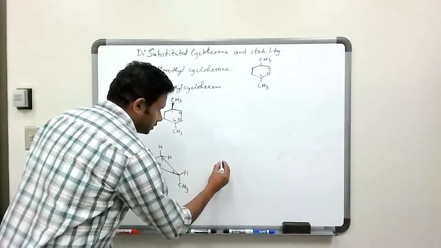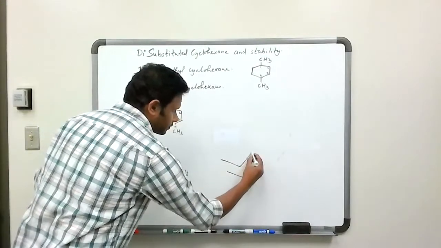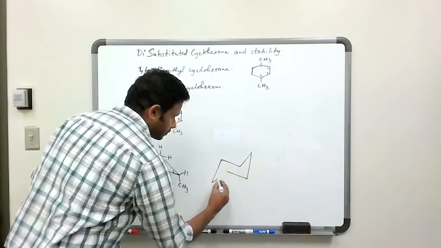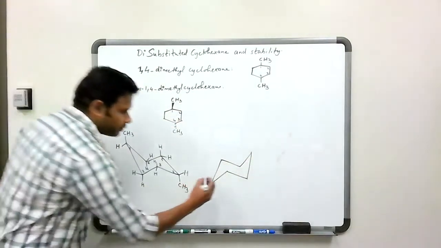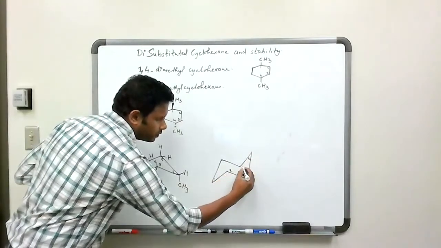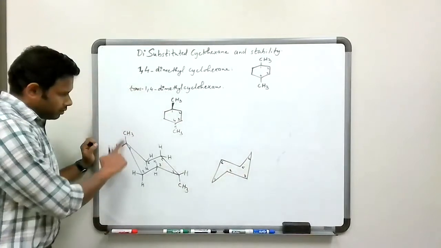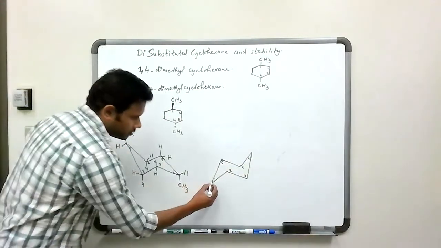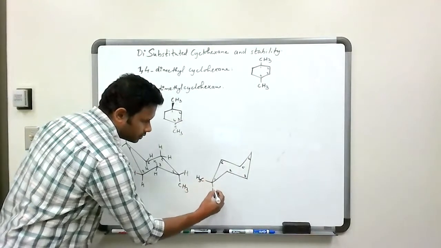So if we draw the other chair conformation, the headrest becomes a footrest. So you have 1, 2, 3, 4, 5, and 6. Methyl was axial. It should now be equatorial, with hydrogen axial.